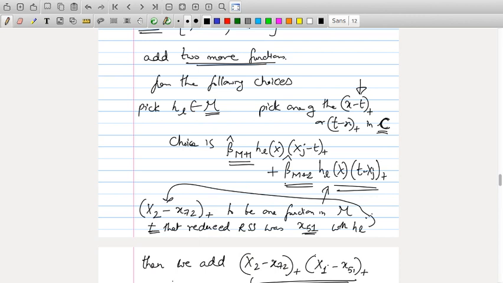Then that would be the next HL to add into your basket. So you're incrementally adding functions into your basket, 2 at a time. Yeah, 2 because it's just symmetric, right? So you're considering both symmetric functions. Symmetric as in, if I consider xj minus t plus, then I'm also considering t minus xj plus together, while I'm trying to set these coefficients to minimize residual sum of squares. So my choice comes 2 at a time.